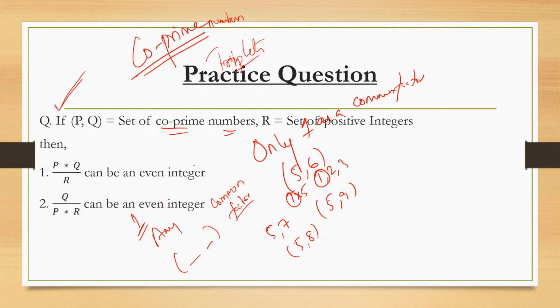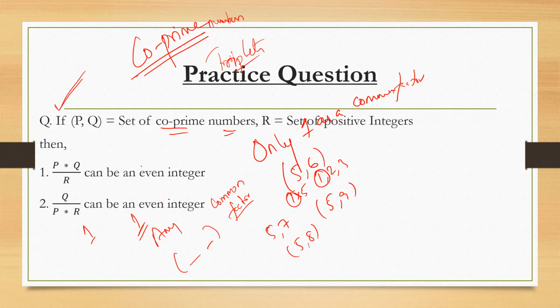Sir, one has to be a common factor, or any one factor is necessary? Any one factor. Definitely the factor will be 1 itself, because 1 is a factor of everything, right? So that will be the common factor. Okay, sir. By default, that is the case.